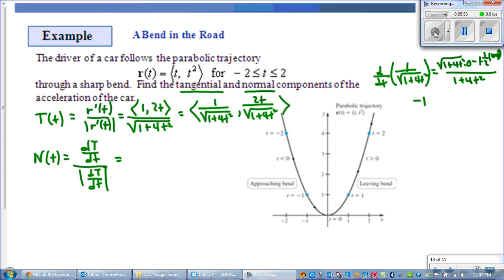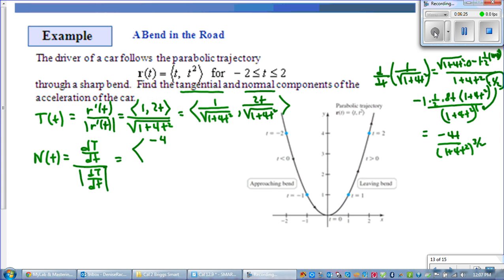So I'll have negative 1 times 1/2 times 8t times 1 plus 4t squared to the negative 1/2. So simplifying, that's minus 4t over 1 plus 4t squared to the 3/2. I'm just bringing this one down to the bottom. I have a 1 power down here. So that's just the first part of that derivative. So we'll have minus 4t over 1 plus 4t squared to the 3/2 power.